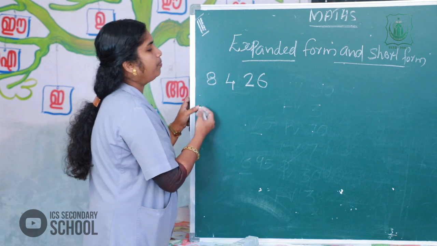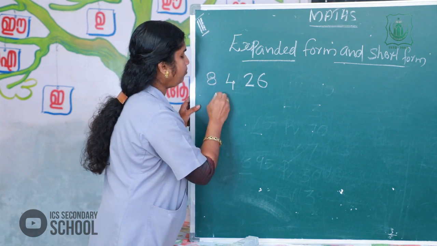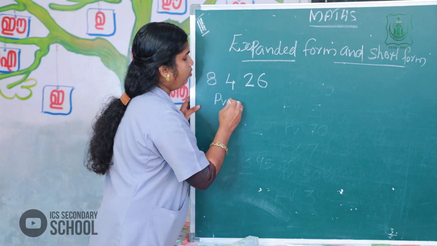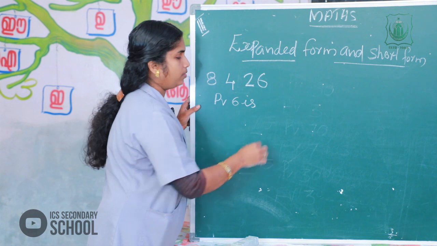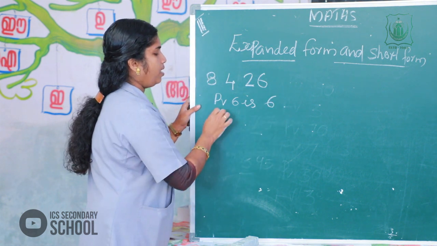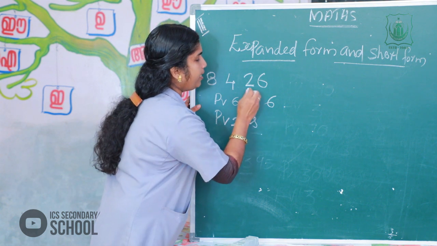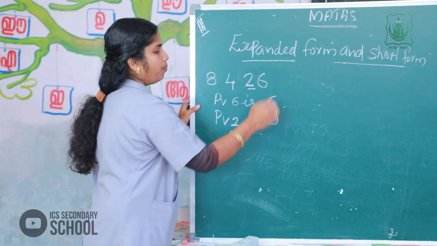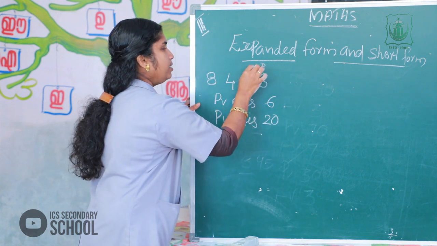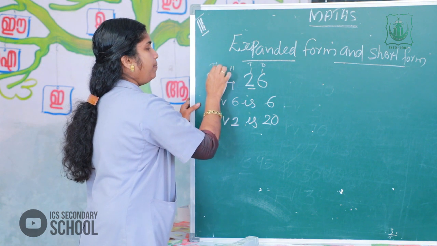Okay. The place value of 6 is 6. The place value of 2 is 20, in the 10 place. 1 place, 10 place, 100 place, 1000 place.